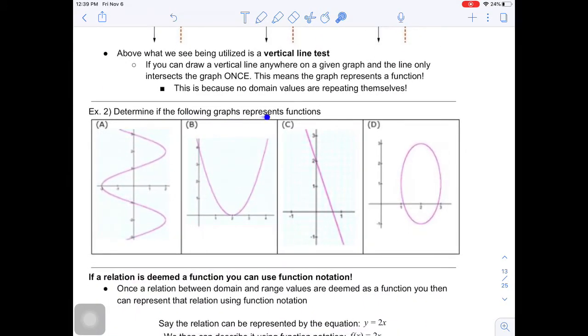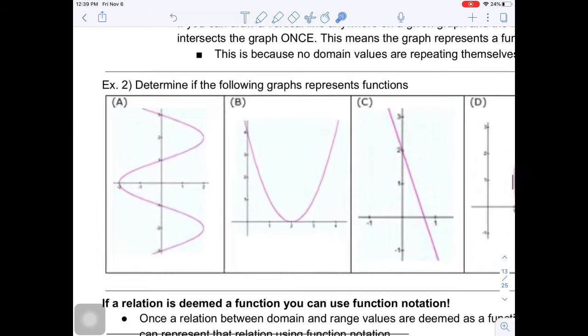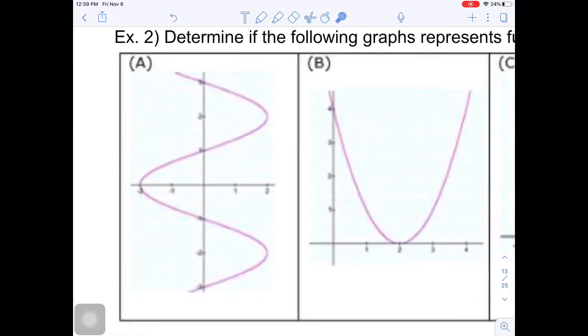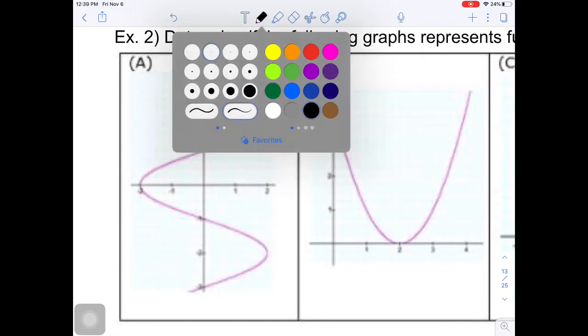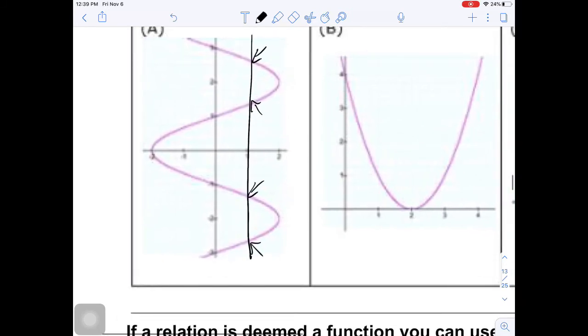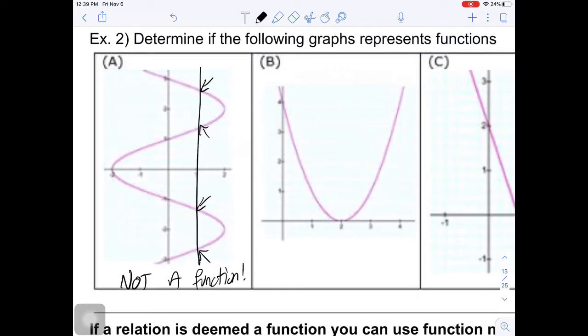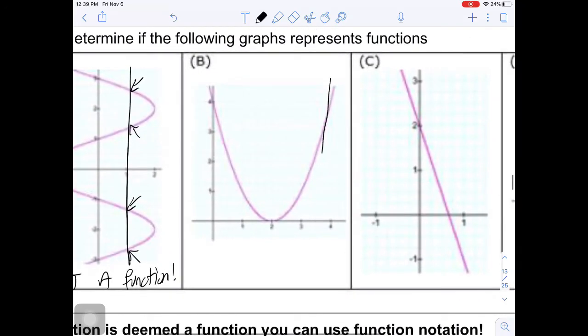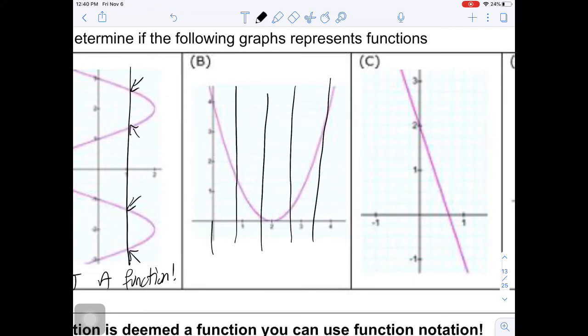So let's look at this. Example 2, determine if the following graphs represents a function. So here, I can automatically see if I do the vertical line test, I have more than one intersection point. So this is not a function. Let's go to the next one here. Here, I can put a line anywhere. And sometimes it's nice to use a ruler and then you kind of just glide across your graph.